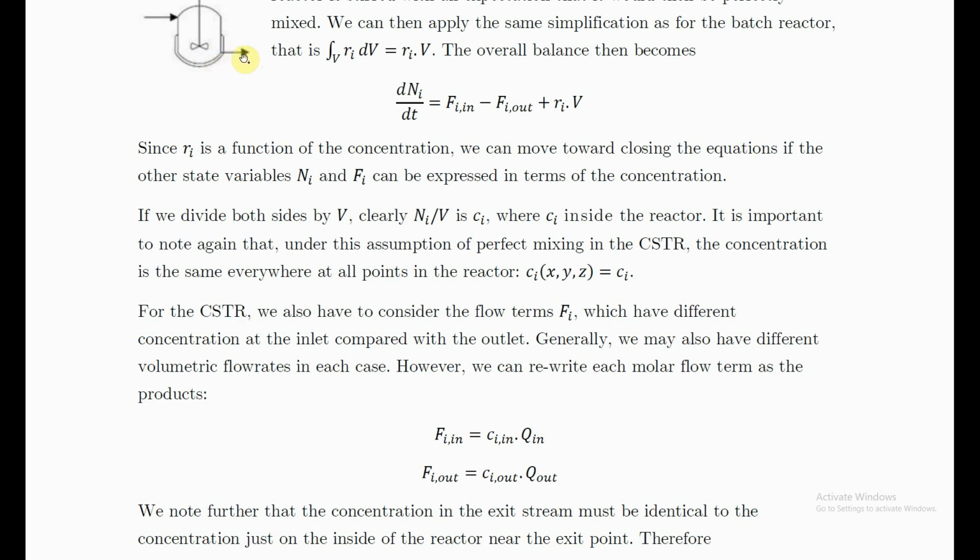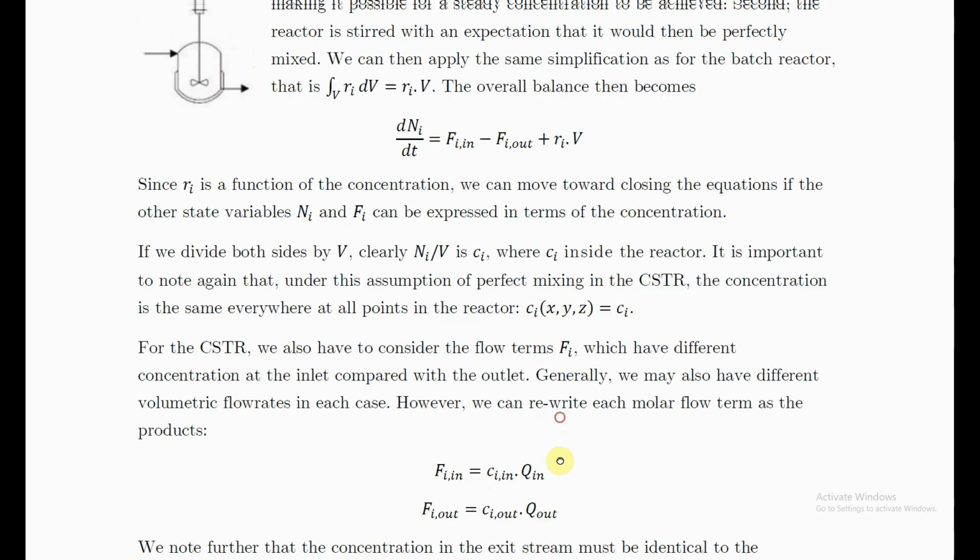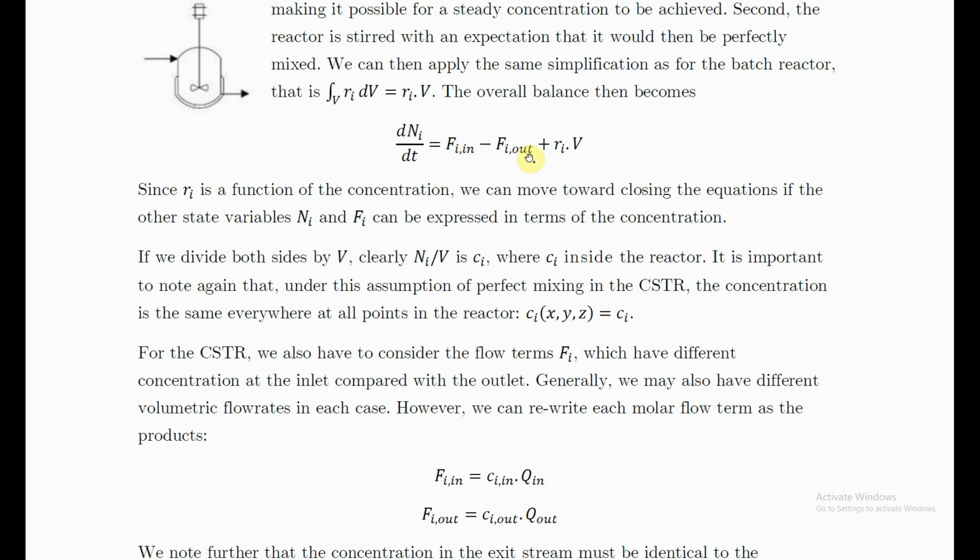We know that concentration is influenced by what's happened in this reactor, but whatever it is, we can define for ourselves a concentration here, Ci out. So the molar exit flow rate is equal to Ci out times Q out. So that's how we translate these F's into concentrations.